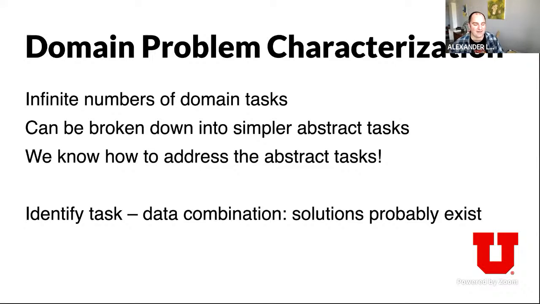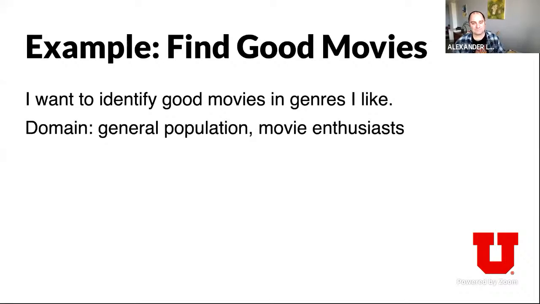If we identify a task and a data set or data combination, then based on all of the stuff that we learned in this class so far, we can probably say, well, if I want to see correlation in a tabular data set, you might want to pick a scatter plot matrix or a parallel coordinates plot. But getting to that step from, hey, I want to analyze this interesting problem in my domain, to, this is a problem about analyzing correlation between multiple dimensions, this is what domain problem characterization is.